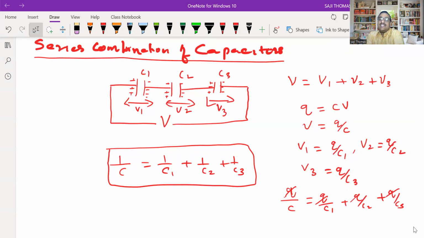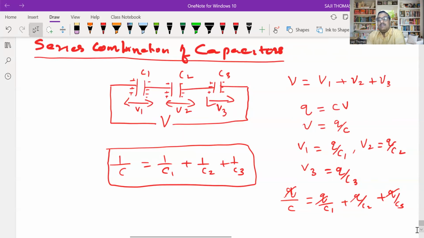You know, when resistors are connected in series, you got the equation R equals R1 plus R2 plus R3. In capacitors, it is 1 by C equals 1 by C1 plus 1 by C2 plus 1 by C3. So remember, when capacitors are connected in series, the same charge appears across all the capacitors.